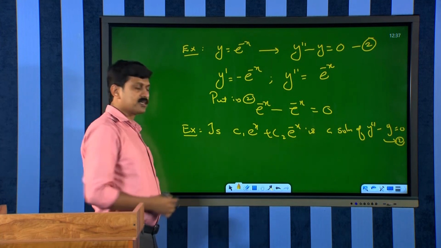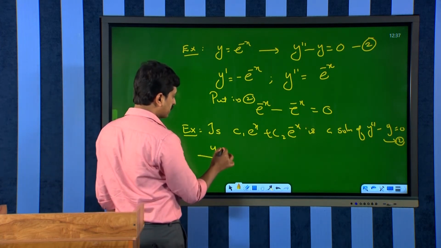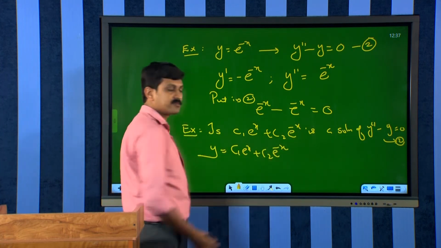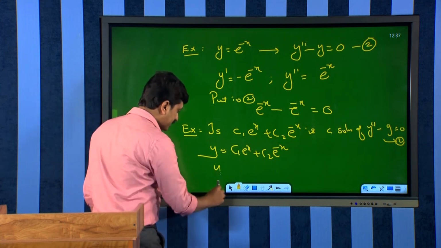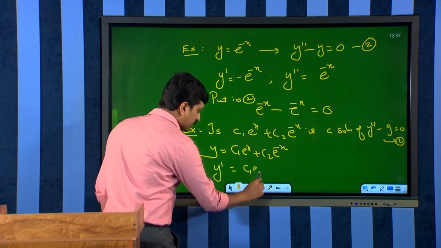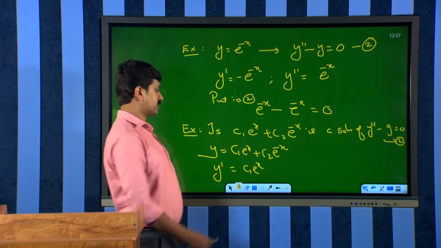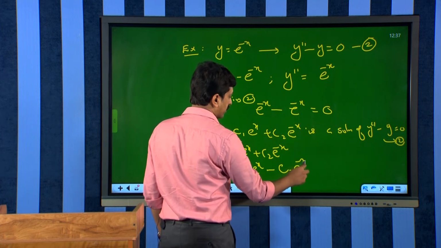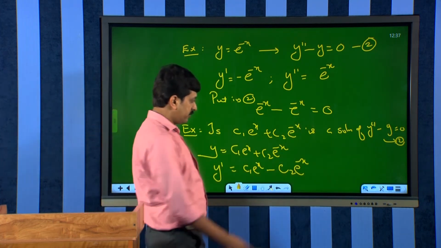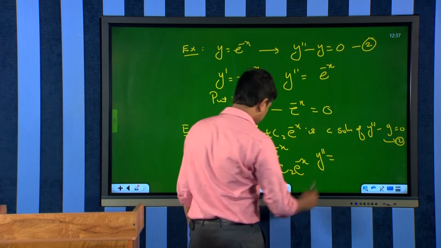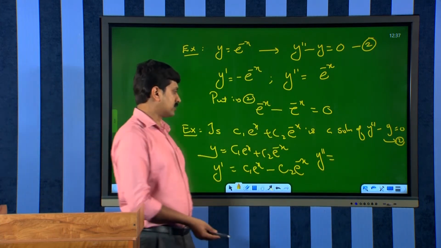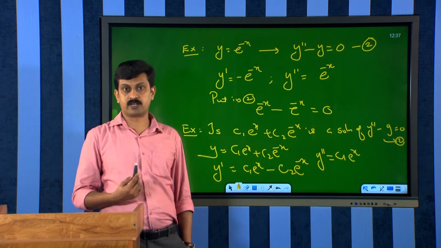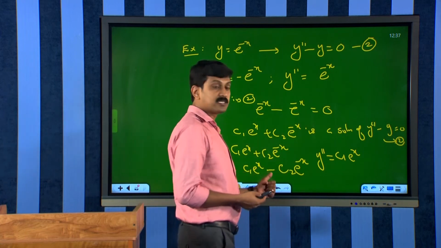Okay, while evaluating this, we consider this as y, C1 e raised to x plus C2 e raised to minus x. We can find y dash. The y dash is equal to C1 e raised to x, since the derivative of e raised to x is e raised to x and C1 is a constant, minus C2 e raised to minus x, since the derivative of e raised to minus x is minus e raised to minus x.